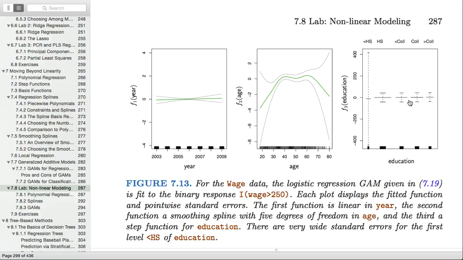This looks even more unconvincing than the sharp curve, and it turns out that the reason for it is, I think, a good lesson. The reason for it is this category over here: people who have less than high school. There's no one in this category who earns more than 250. So consequently, the presence of this category has a terrible dampening effect on everything else.